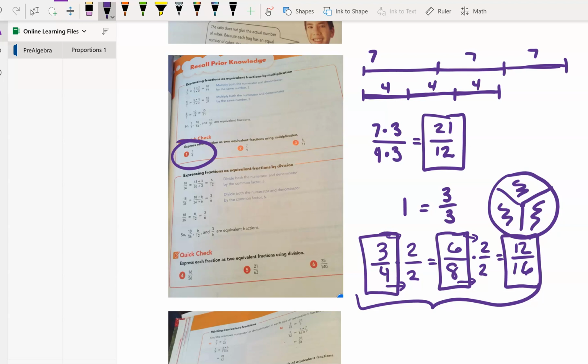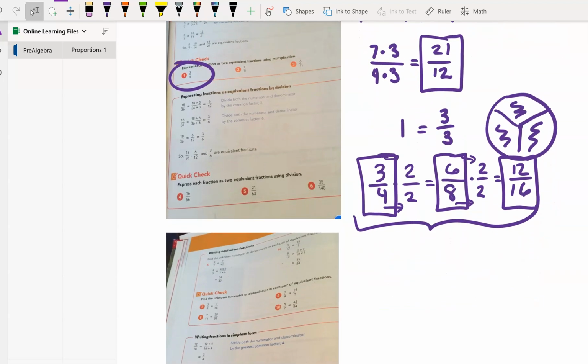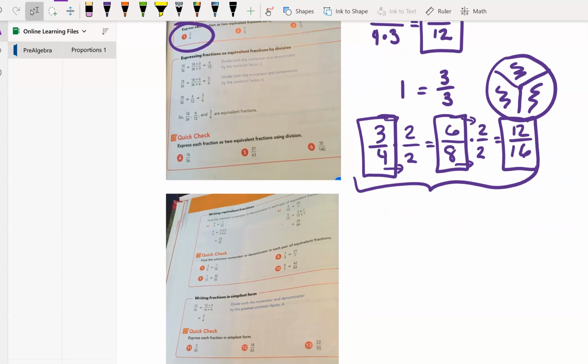So there you go. As you continue through this lesson, not only are you finding equivalent fractions and building them up, but you're also breaking them down. So watch out for that as you're looking at problems like perhaps this quick check right here, 21/63. The way I like to show this at first is maybe you have 21 as a picture. So here's 21.